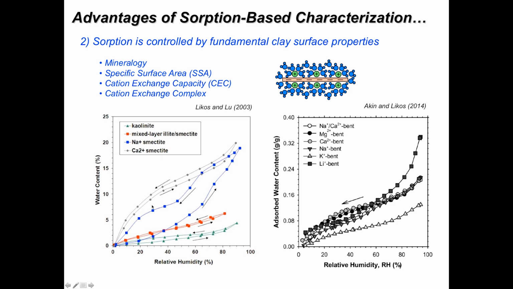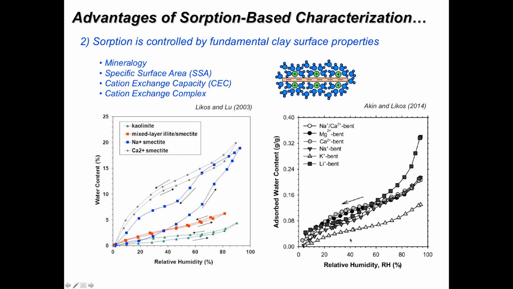Specific surface area, we'll look later at how we can back out surface area from these measurements. Cation exchange capacity, I'll show some results where we can back out cation exchange capacity from water vapor sorption behavior, as well as the type of cation associated with that cation exchange population.